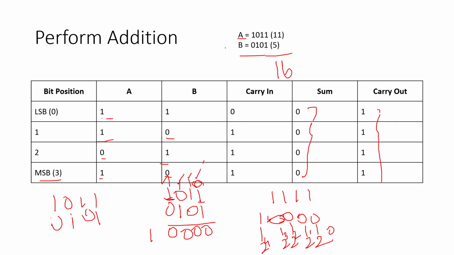This is the same thing they have done in the table, but in table format. So the carry is what I wrote here. This is the carry they have given. And these are the sums they have given. Okay. So this is performing just addition.